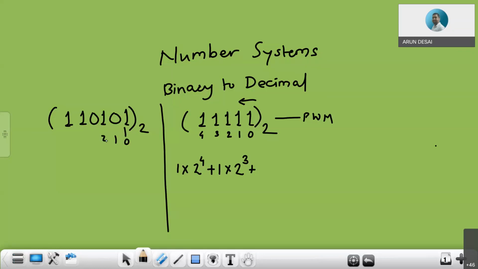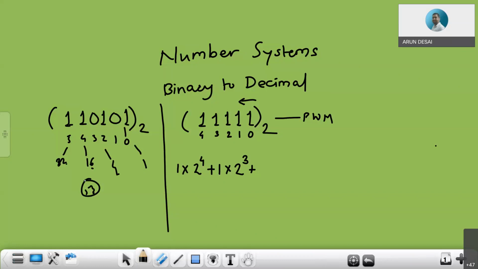This is position 0, 1, 2, 3, 4, 5. Yes, the answer is 53.